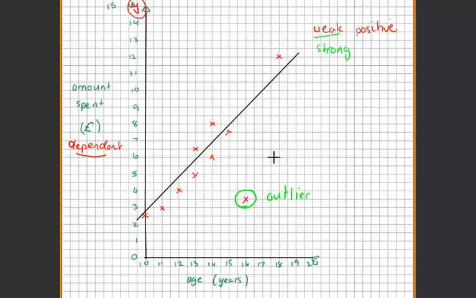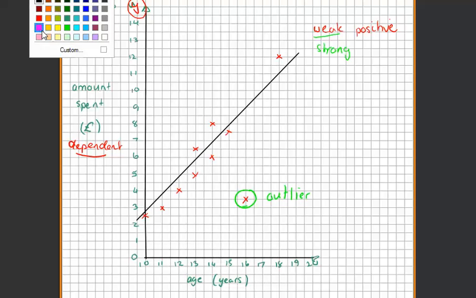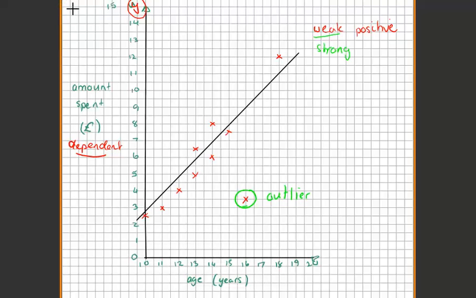Alright? So I've got my line of best fit. Now, here's the use of the line of best fit. You can use it to make a prediction. So let's say a parent said, I've got a 17-year-old daughter, how much money should I give them to spend each week?